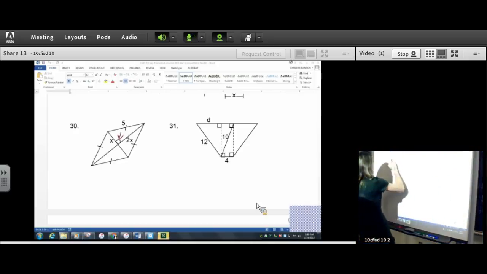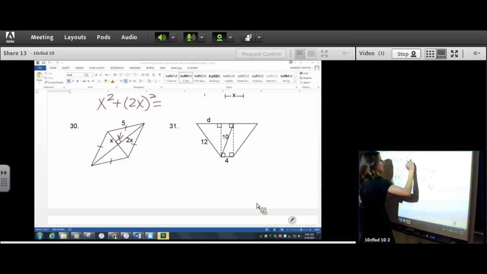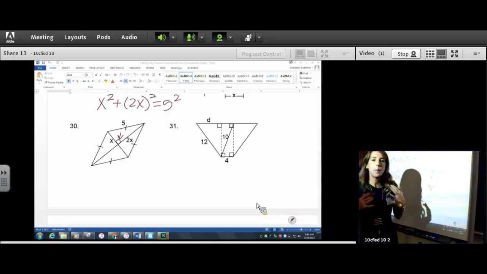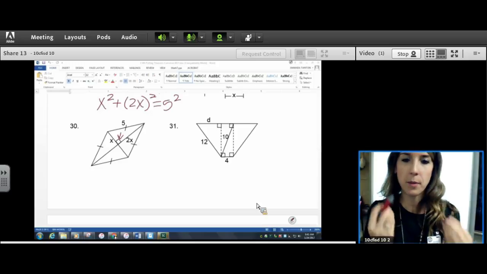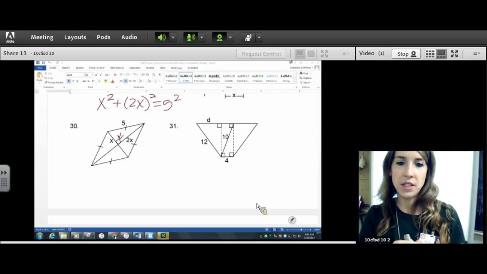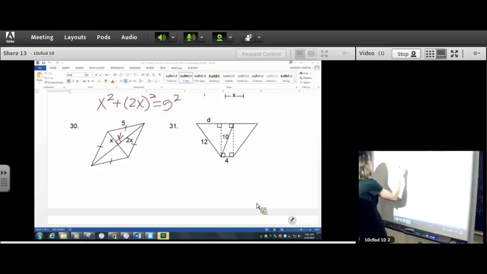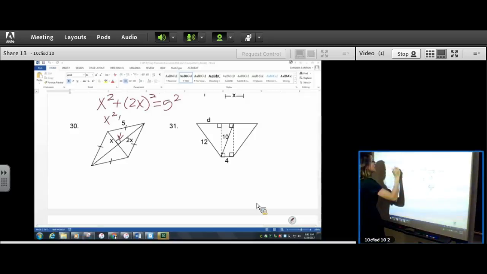All right. A squared plus, oh my goodness, so important, b squared equals c squared. The biggest mistake is to not put the parentheses around the 2x, to not protect the 2x. Alrighty, so we've got x squared plus 4x squared equals 25.